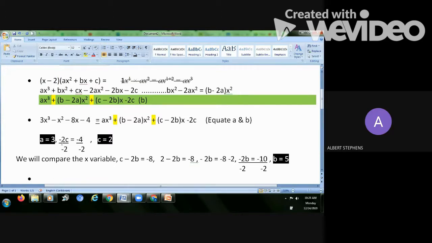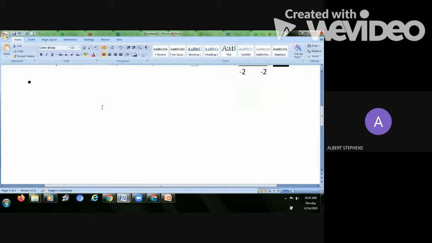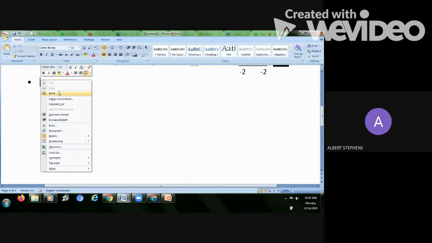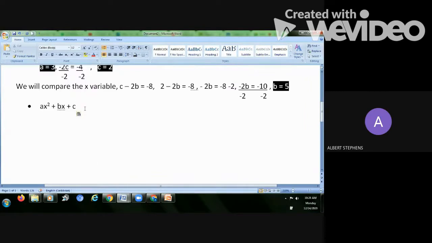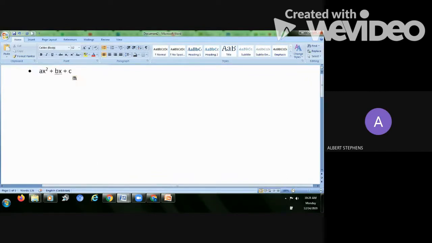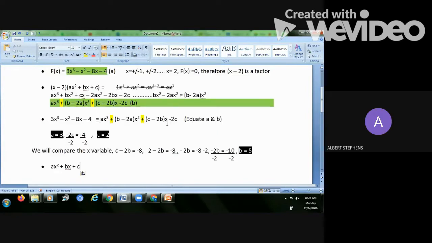So the A, B, and C, we're going to replace those in this thing here. Therefore, this is equal to what? 3x squared.